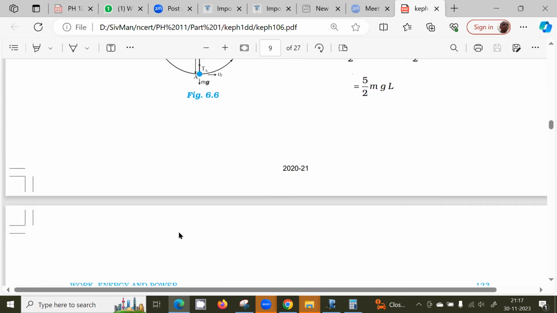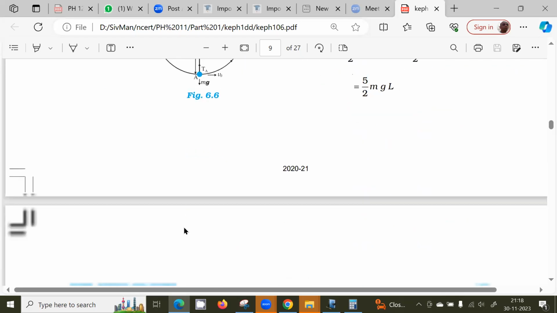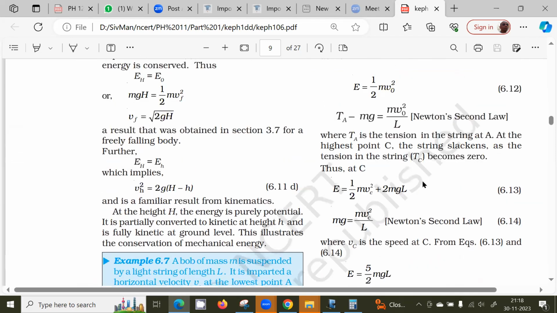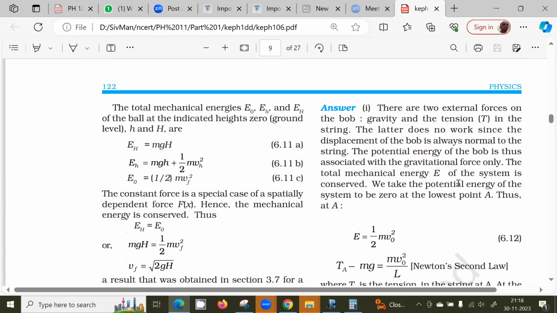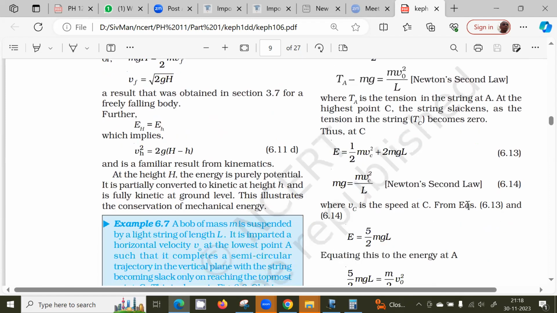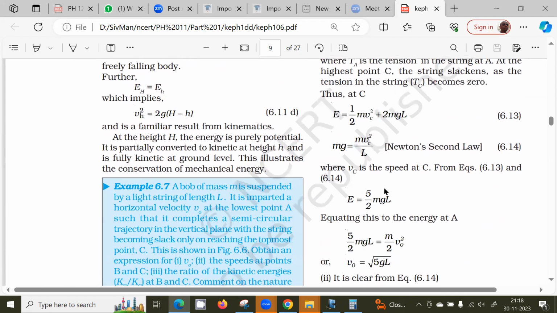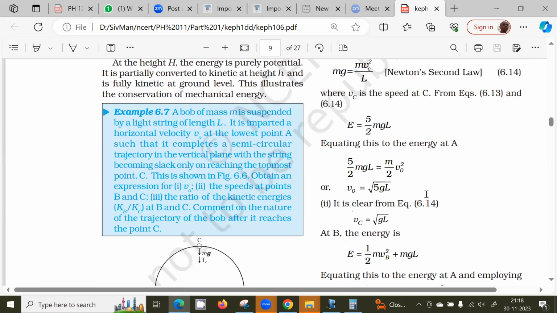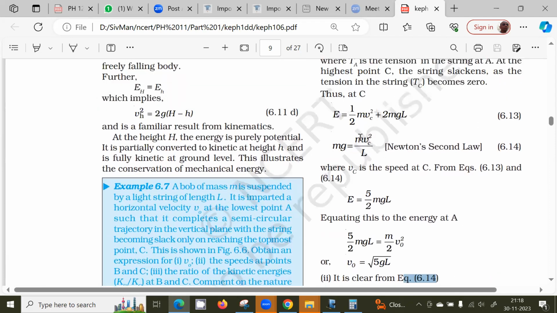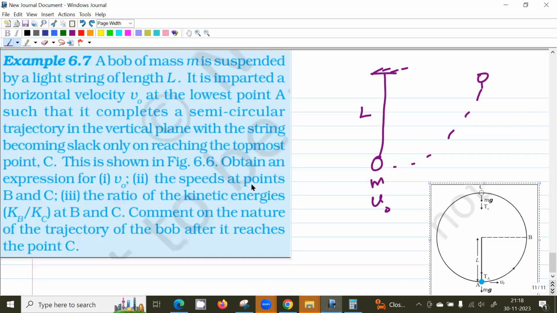Okay, so if the tension becomes exactly zero at the topmost point, then the velocity, it's a known result. That's also a known result. I think two velocities would be there, root 3gL and root 5gL. I don't know for which.